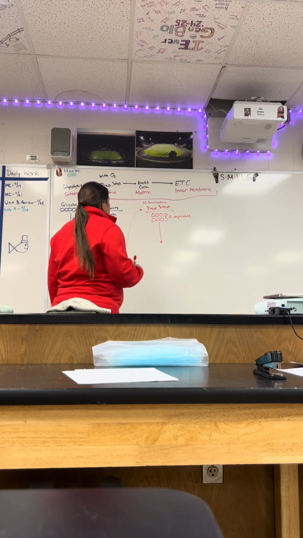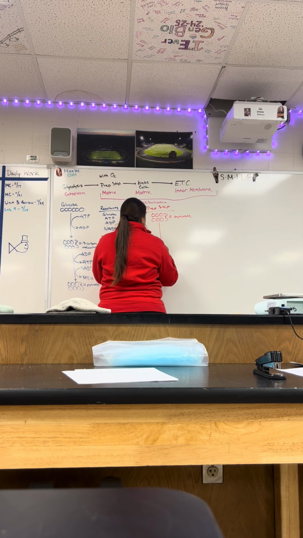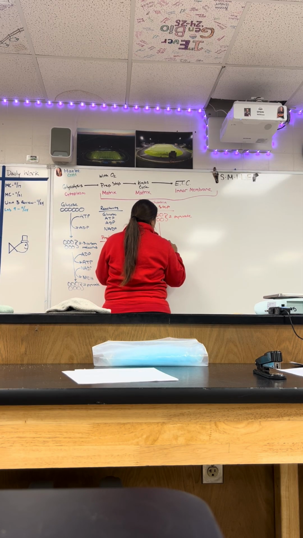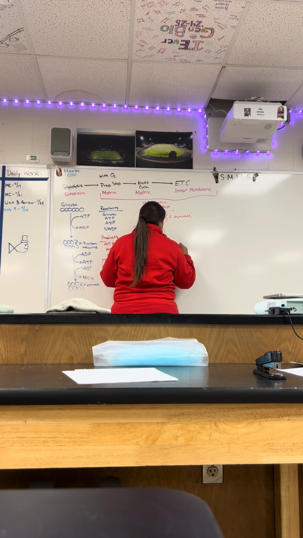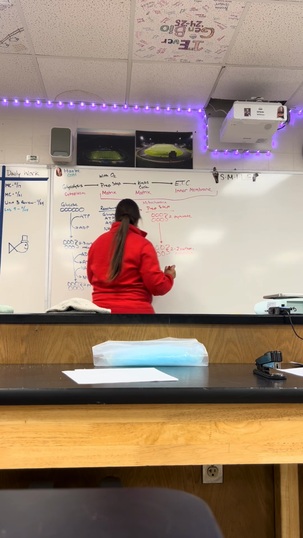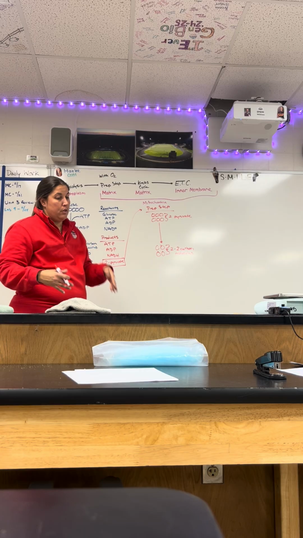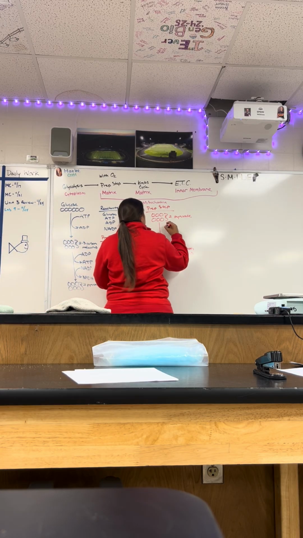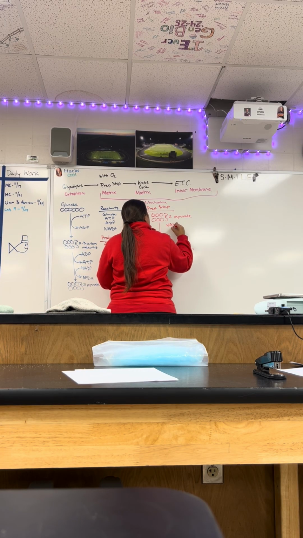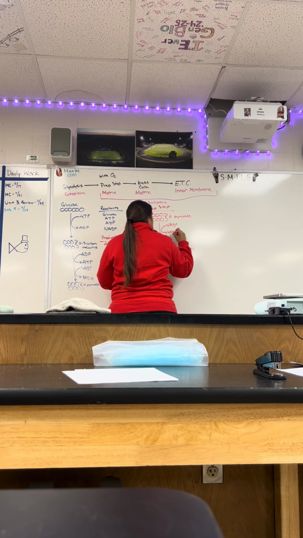Now, here's the thing. 2 pyruvate becomes 2 2-carbons. So instead of 2 3-carbon molecules, which we're very used to, we have 2 2-carbon molecules. This happens because we used NAD positive, and it became NADH.